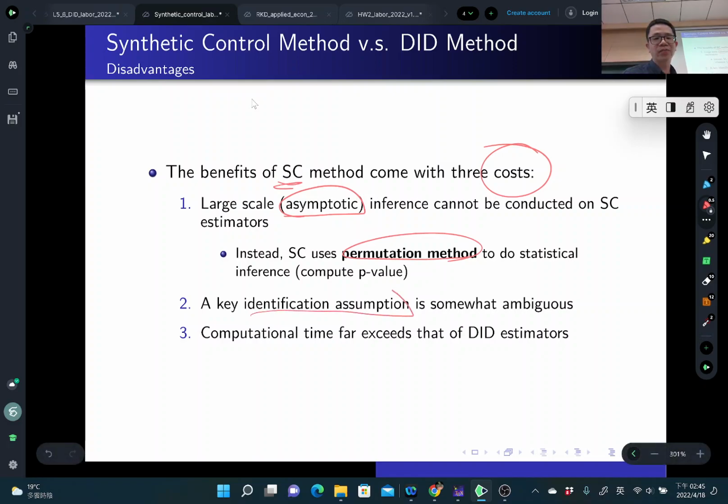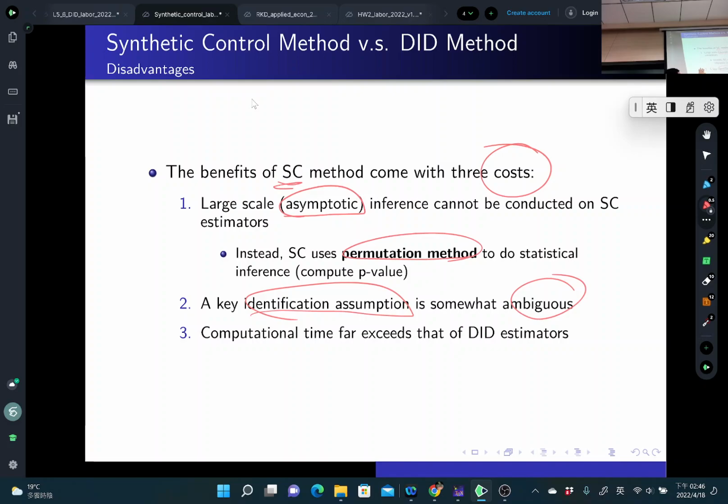And also the identification assumption is somewhat ambiguous. You can see later, actually there is a lot of regulation choice in the synthetic control method. They are a bit arbitrary. There is not enough guideline for this method.